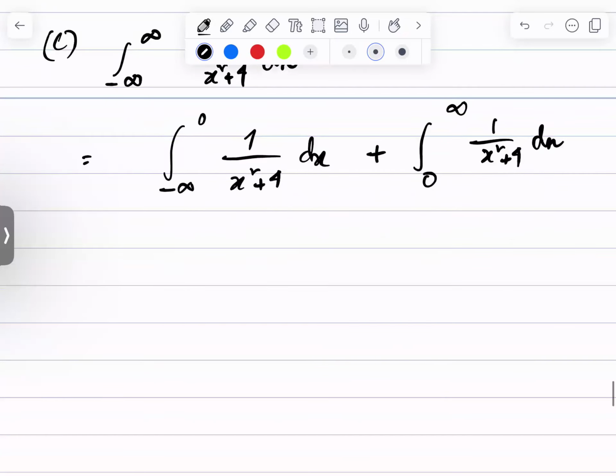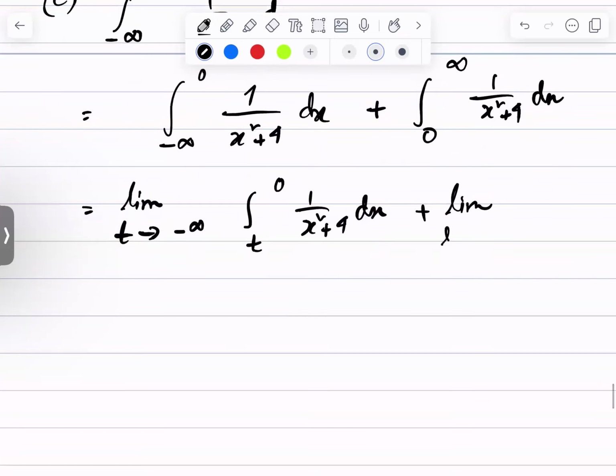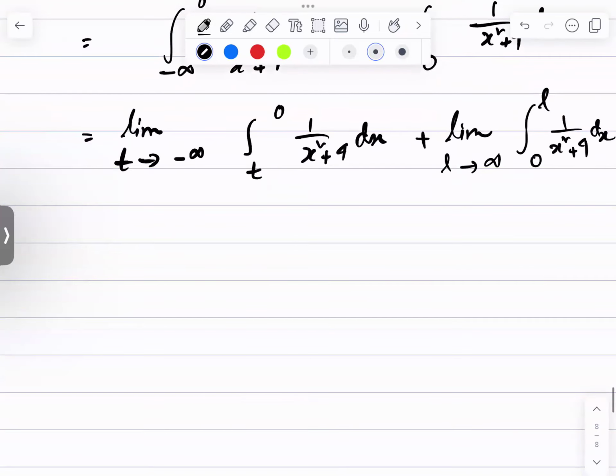You can do it. And then just take limit t tends to minus infinity, t to 0, 1 over x squared plus 4 dx. And you can use other variables, say L to positive infinity, 0 to L, 1 over x squared plus 4 dx. I've used t and L just to avoid any confusion.